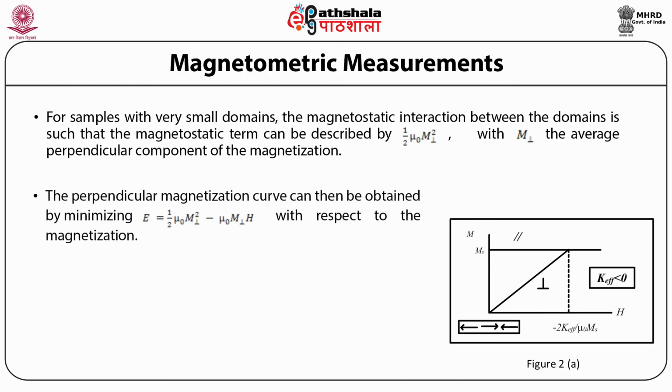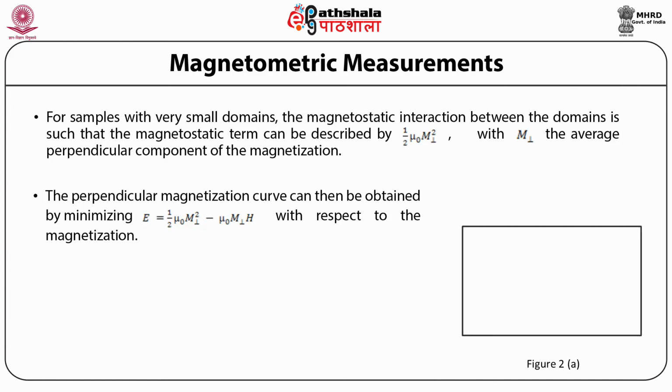The perpendicular magnetization curve can then be obtained by minimizing E equals 1 by 2 into mu naught into m perpendicular square minus mu naught into m perpendicular H with respect to the magnetization.